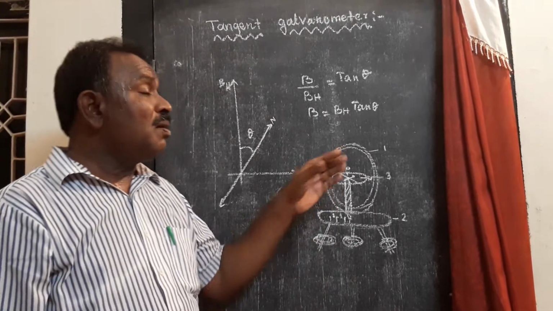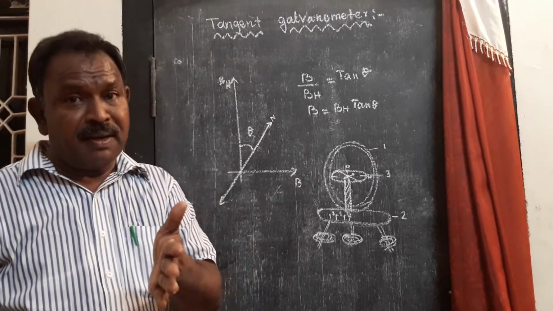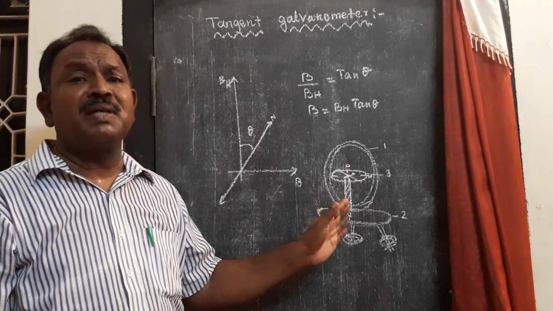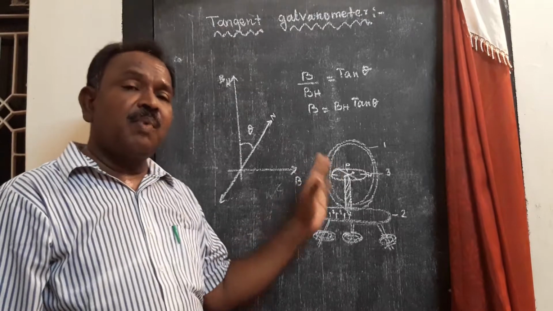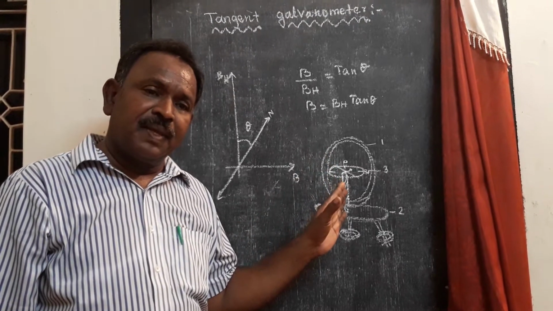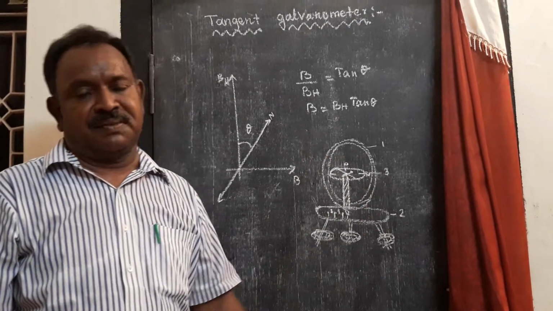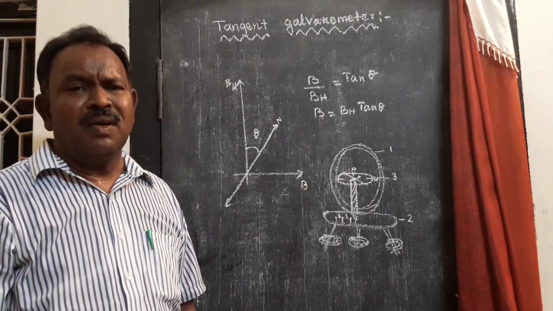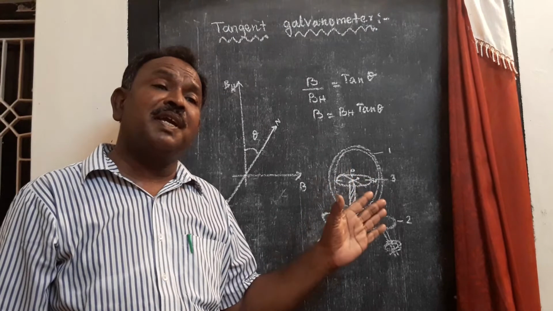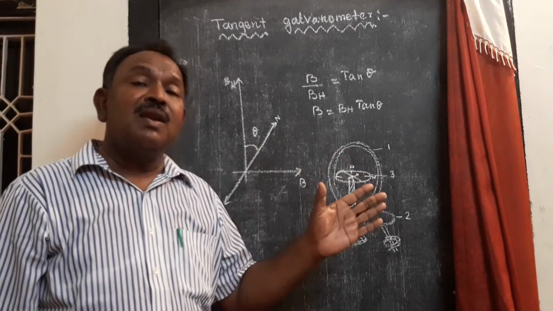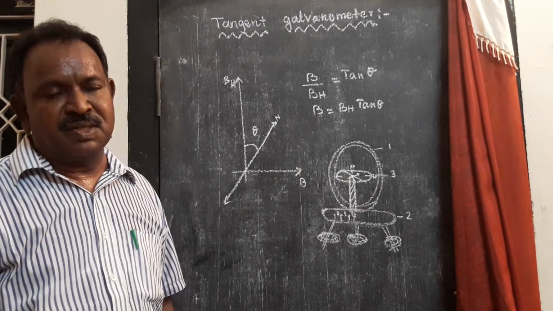When the plane of the coil is along the magnetic meridian, and if you allow the current to pass through the coil, then what will happen? This coil will produce a magnetic field along east and west. So the plane of the coil must always be kept parallel to the magnetic meridian. This is the third one.